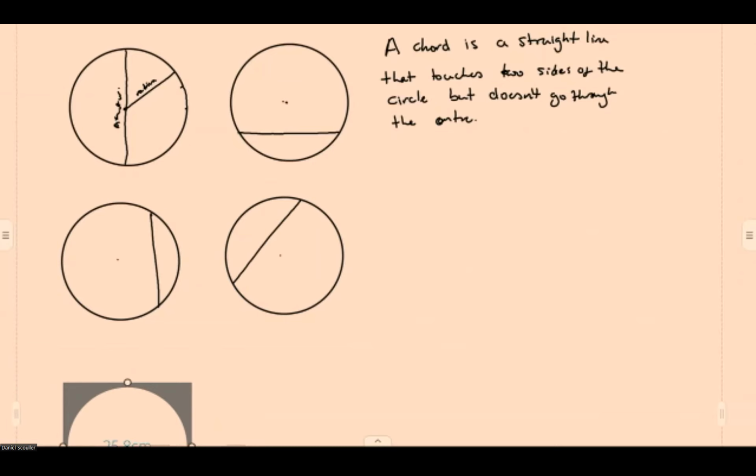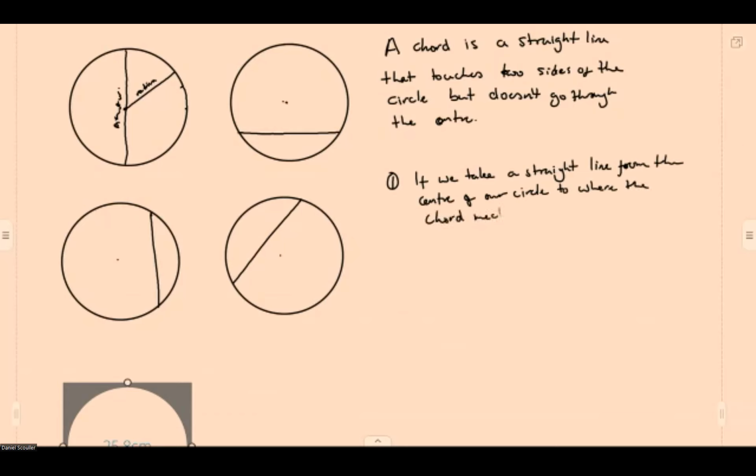Now, when we're looking at chords, an important thing to know: if we take a straight line from the centre of our circle to where the chord meets the edge, the length of this is the radius.